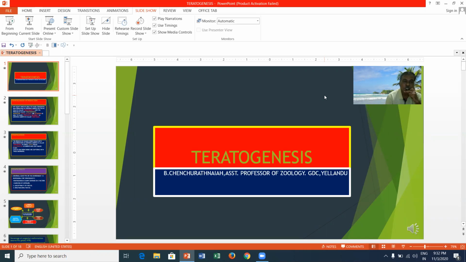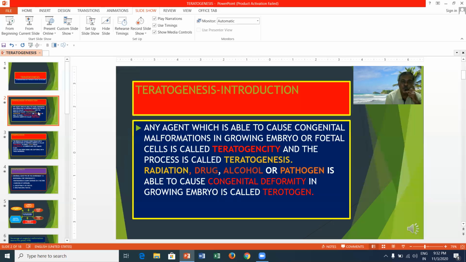We can see the process of teratogenesis in an easy way. Teratogenesis is the process in which congenital deformities are caused in a growing embryo. Any agent which is able to cause congenital malformations in a growing embryo or fetal cells is called a teratogen, and the process is called teratogenesis.